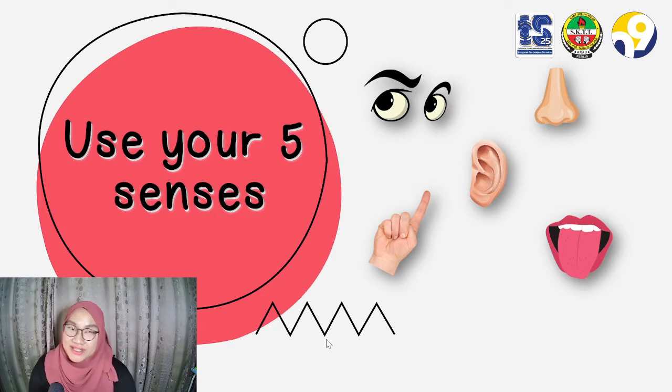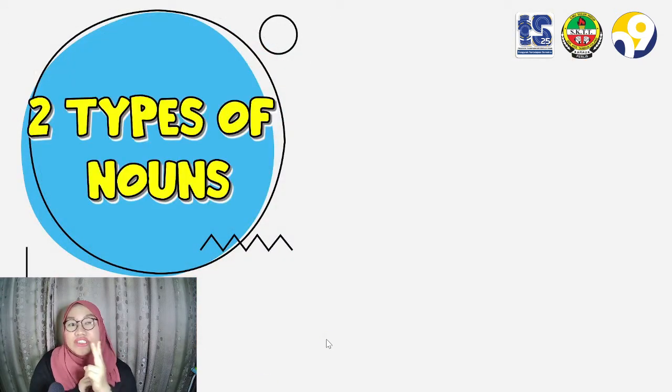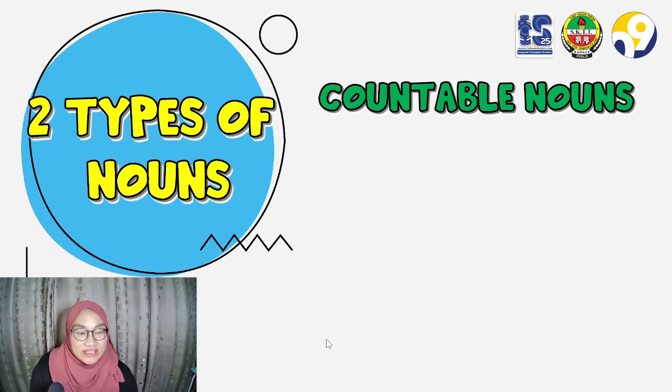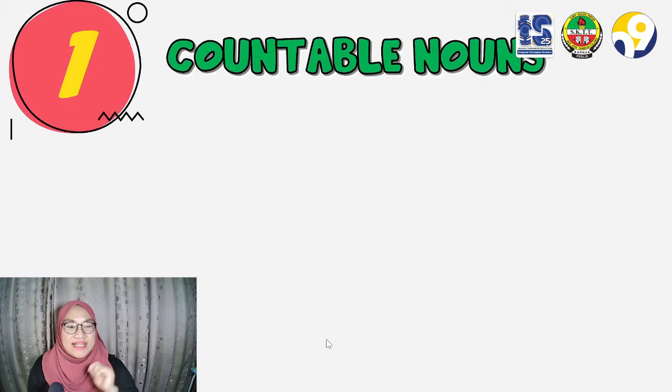Okay, moving on. Now that you know what is a noun, let's see the 2 types of nouns in the English language. So the first one, we have the countable nouns, and the second one, we have the uncountable nouns. So what are they exactly? Jom kita tengok. As the name suggests, countable nouns sebenarnya senang sahaja.